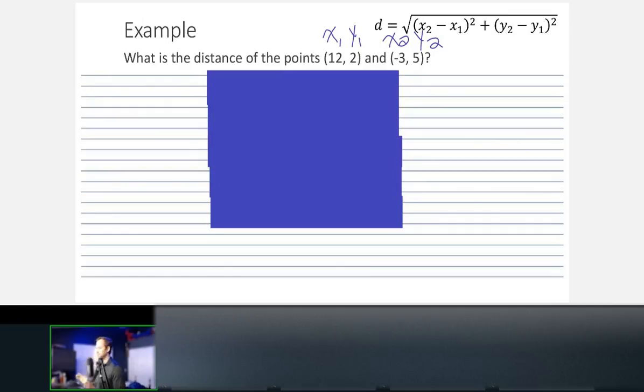If you had the FX 300 or the FX 150 and you typed in the square root of 234 and hit enter, that model would actually simplify your radicals for you. It's really nice. A lot nicer than that TI model. I feel like the TIs are just overpriced compared to Casio. You get more for your money with the Casio models. Now, I do like the TI graphing calculators much better than the Casio models, but they're also expensive too.